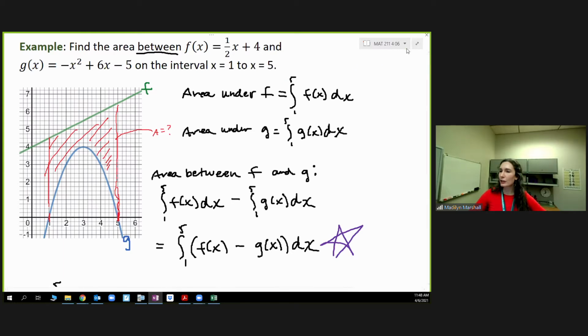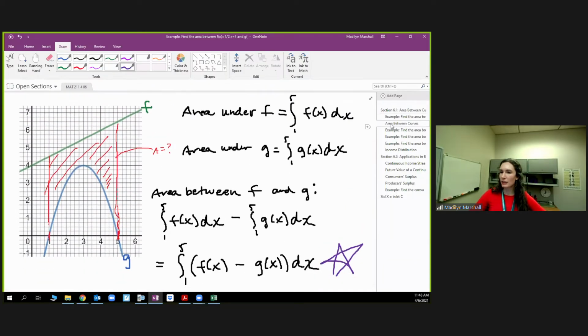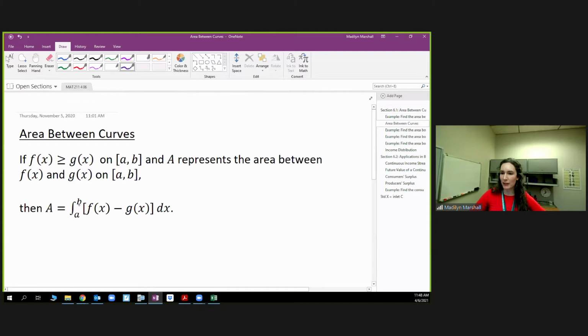So I am going to go to our actual formal definition of the area between curves, which is also in the book on page 382.